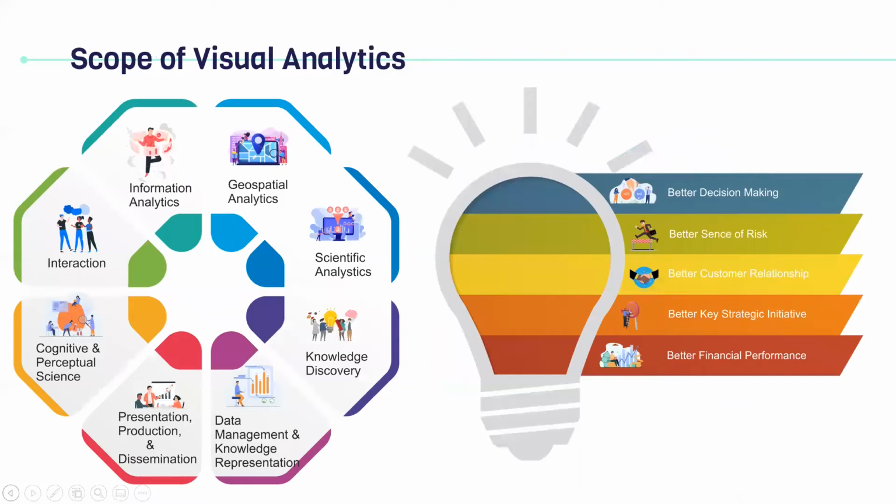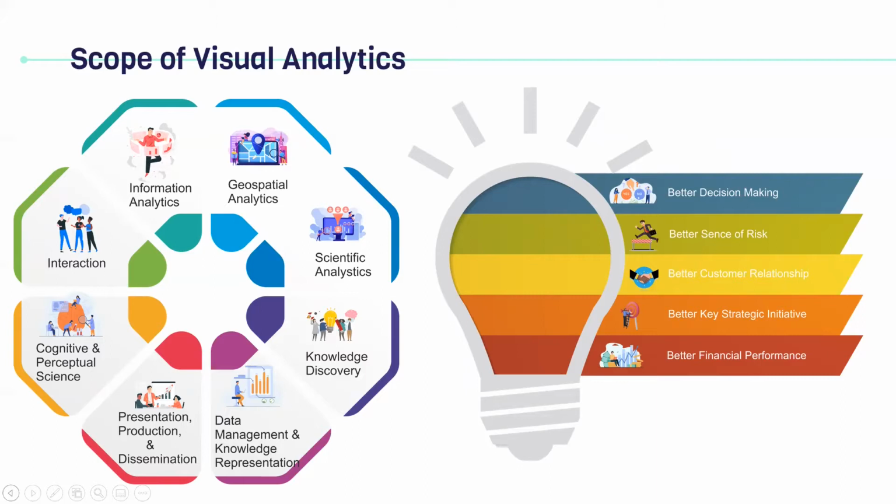The scope of visual analytics is that it helps us to make better decisions. It gives us a better sense of risk, better customer relationships, better key strategic initiatives, and better financial performance.